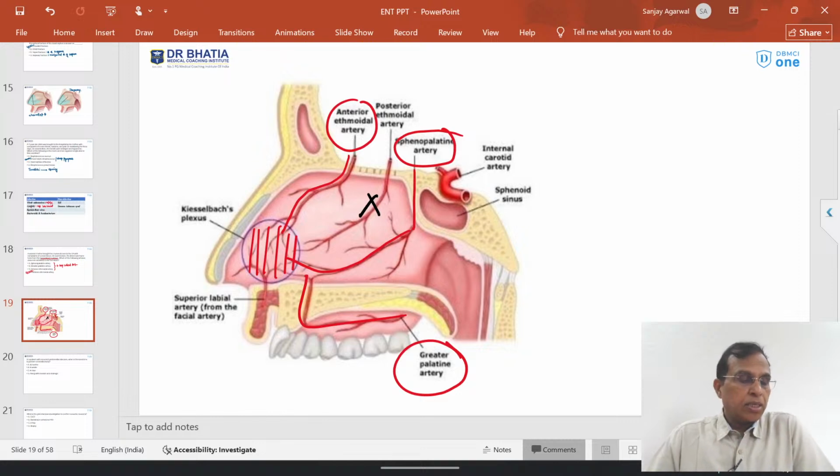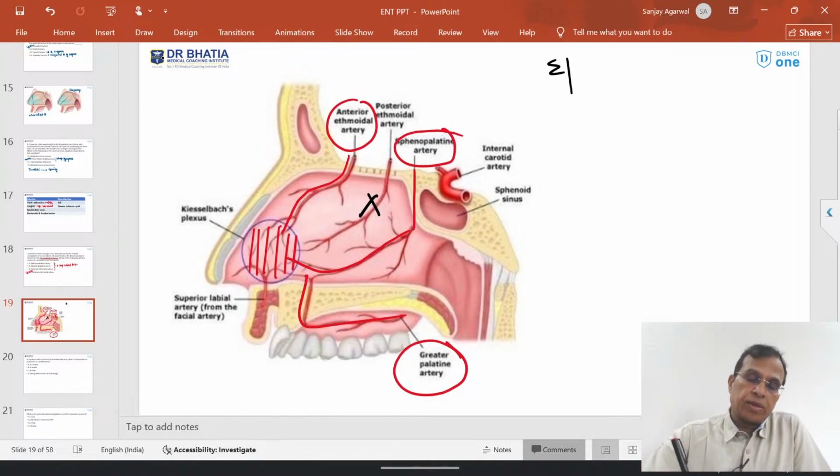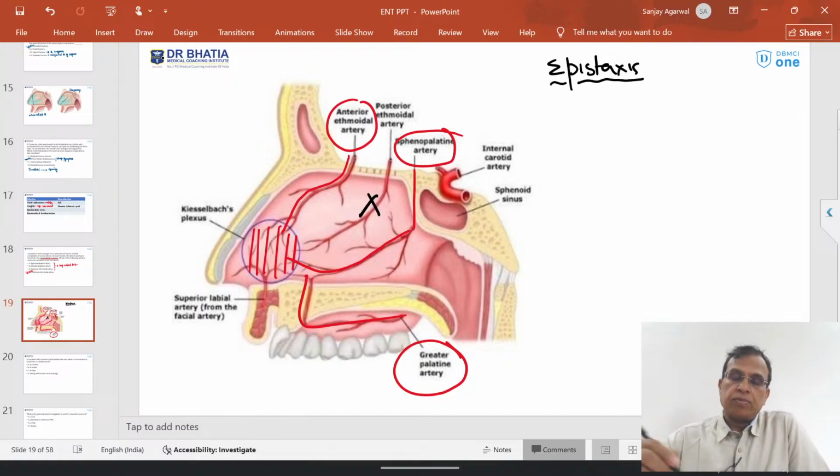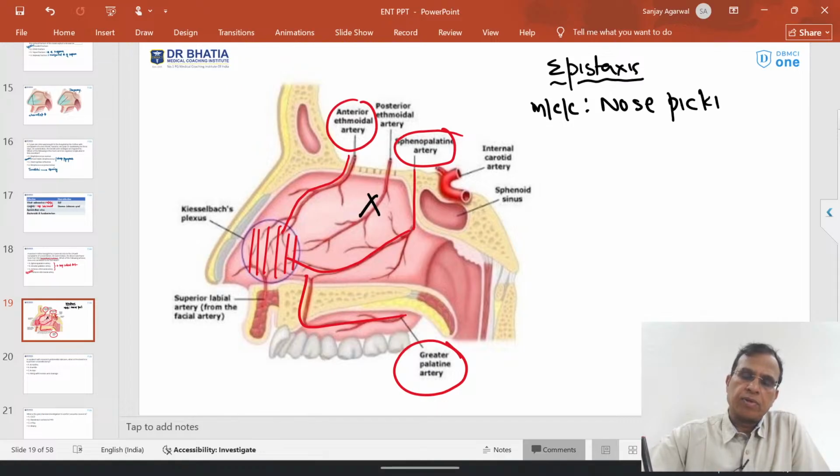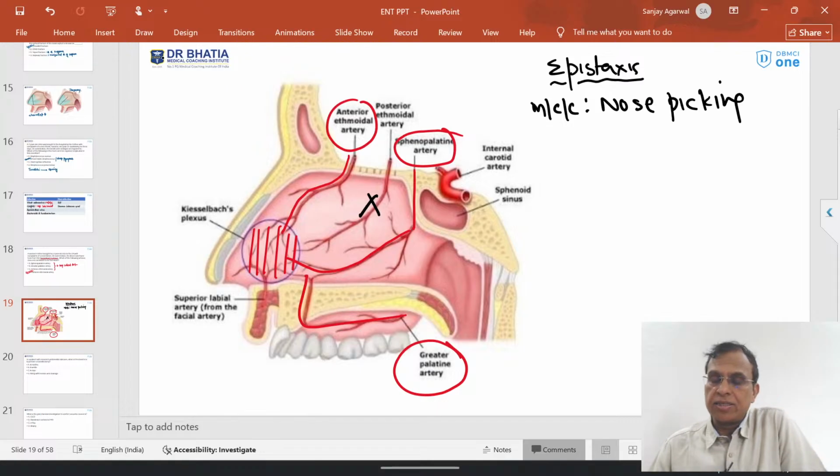Okay. Now epistaxis is a very, very important topic. I'll tell you about epistaxis. The most common cause is nose picking. If nose picking is given in the choices, then this is the correct answer.